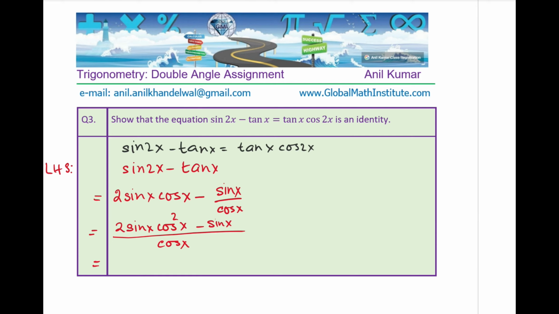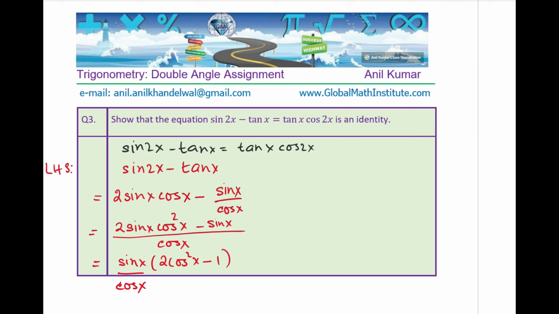Now here we have sin x as a common factor, so we can actually take the sin x common, and within the bracket we get 2 cos square x minus 1 divided by cos x, correct?